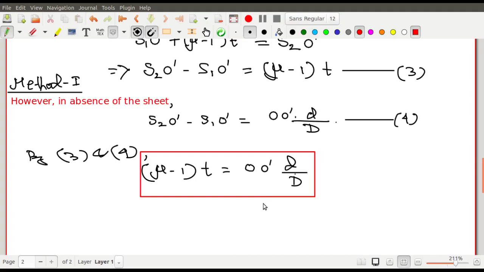Now one thing I can do from here once again, এইটা একটা ওয়ার্কিং ফর্মুলা হতে পারে, this can be a working formula.